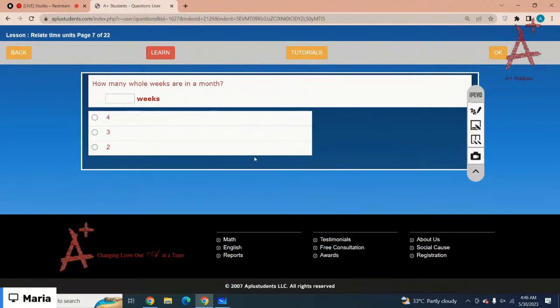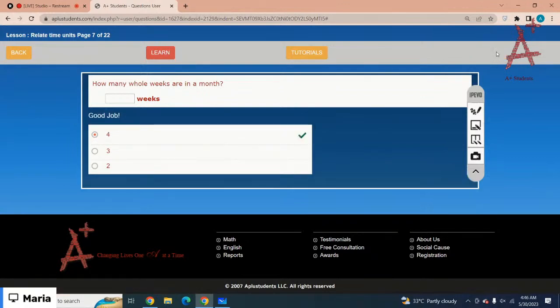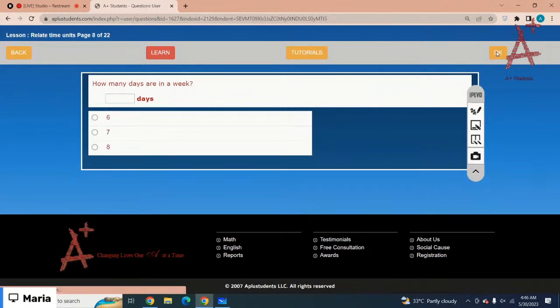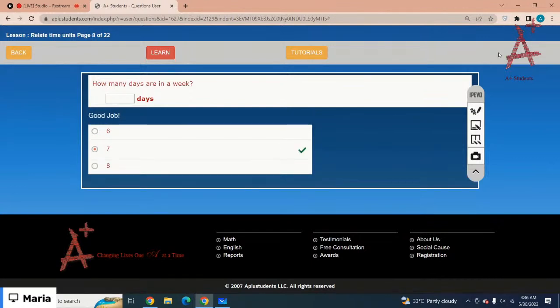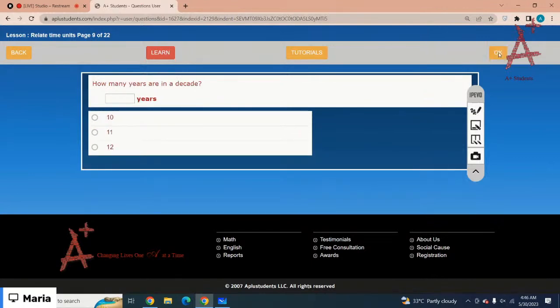You have 4 weeks in a month. The correct option is 4. How many days in a week? That would be 7. How many years in a decade?